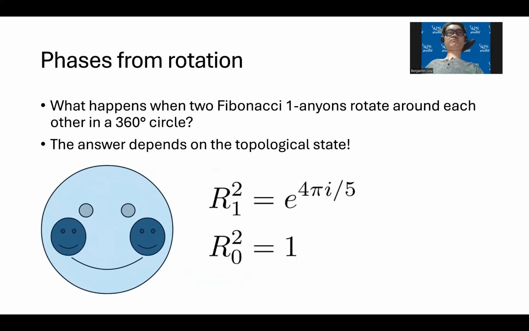Well, if the total big particle had charge 1, then the effect of this is to place a phase on the system of this number here, which you might recognize from the beginning of this talk. But if the total charge is 0, then rotating a chargeless particle does nothing.